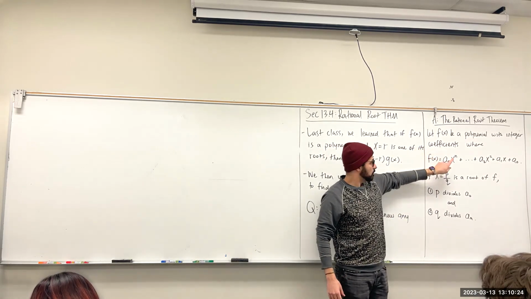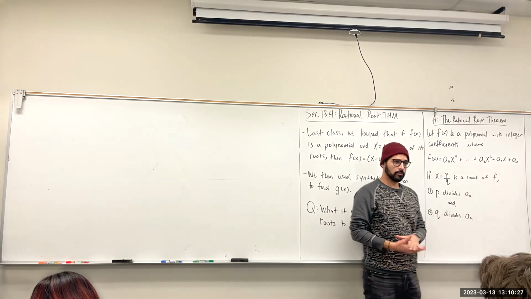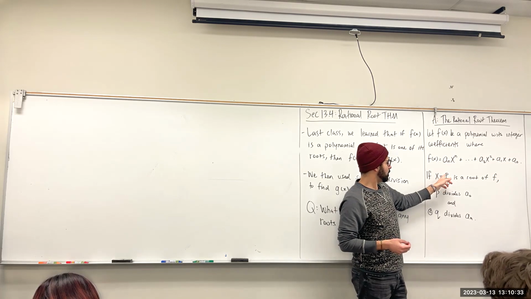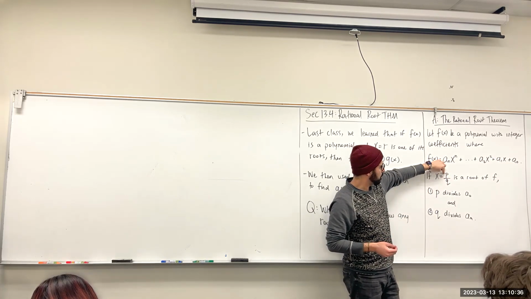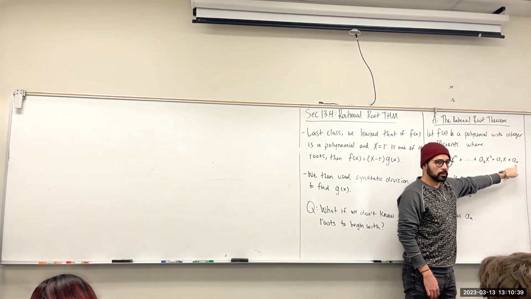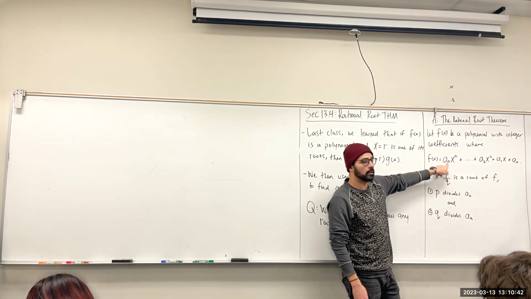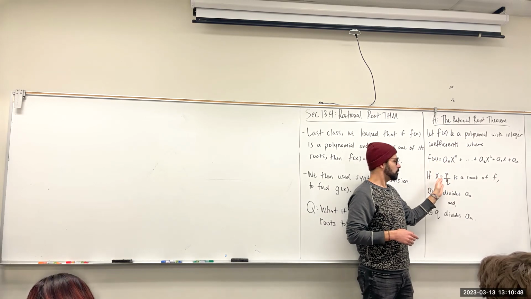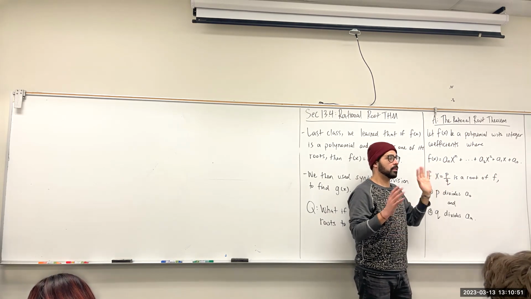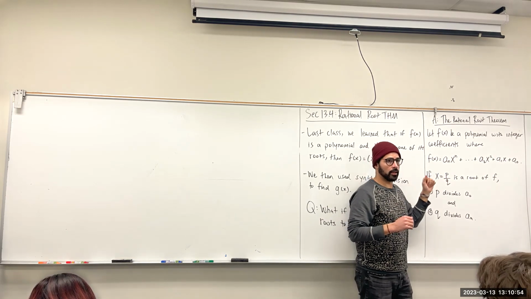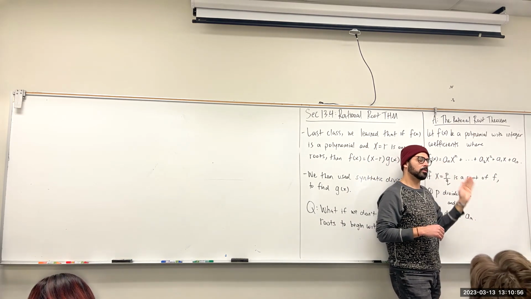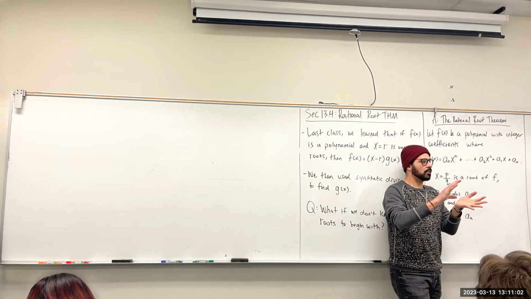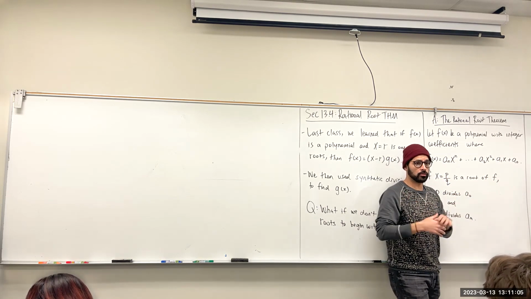If you have a polynomial where the coefficients are integers, and it turns out that one of the roots is a fraction, then that numerator will have to divide the constant term, and the denominator will have to divide the leading term. But only if this polynomial has a root that is a fraction. It might not. All the roots could be complex numbers, or like the square root of 2, so they might not be rational numbers.